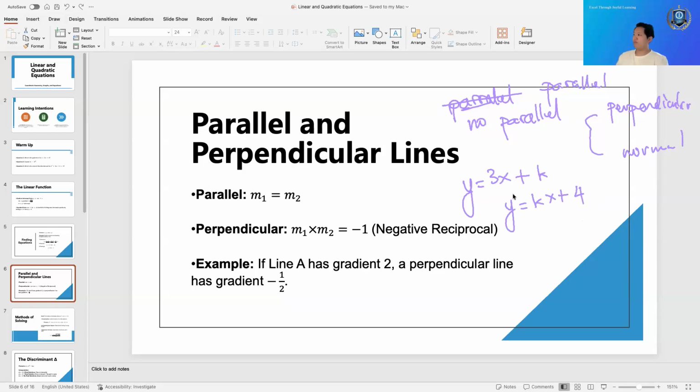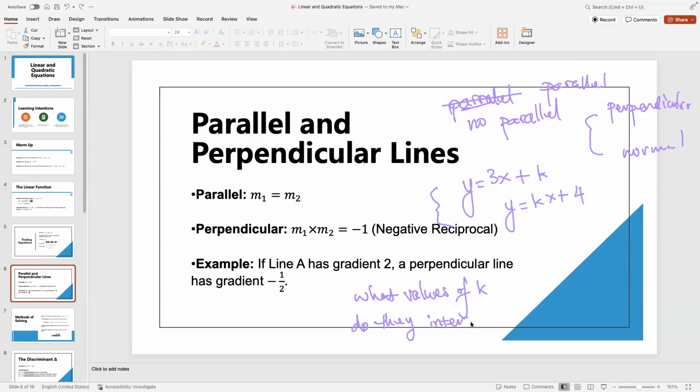Now here's a question: for what values of k do they intersect? None.